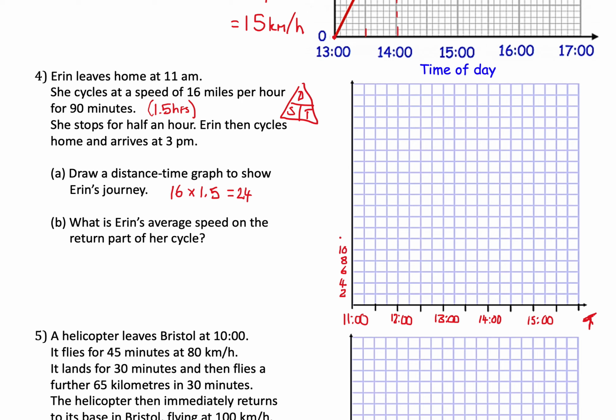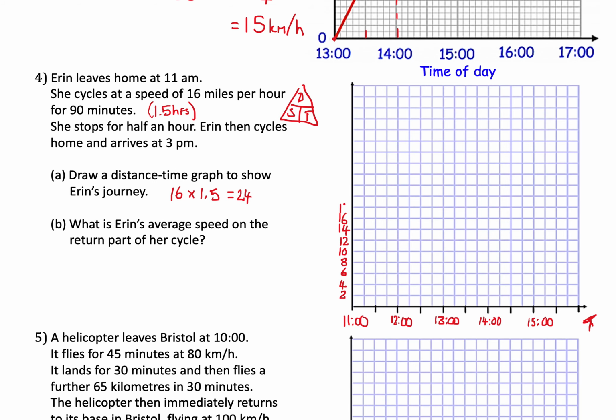Could go up in other things, maybe 4s and stuff like that, but this is just a bit easier, I think. You don't have to list every number on the axis, by the way.